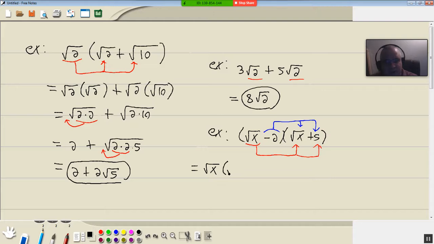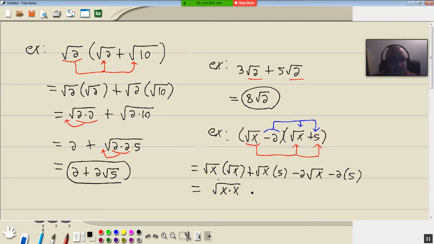So square root of x times square root of x, square root of x times 5, minus 2 times square root of x, minus 2 times 5. Now square root of x times square root of x, that's square root of x times x. Remember, if the index is the same, you multiply what's underneath them. Square root of x times 5 is 5 square root of x, minus 2 square root of x, and negative 2 times 5 is negative 10.